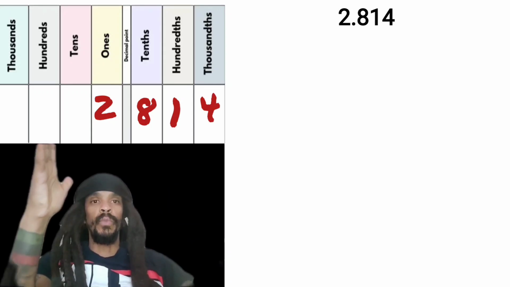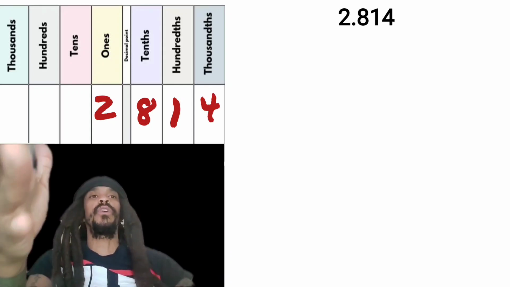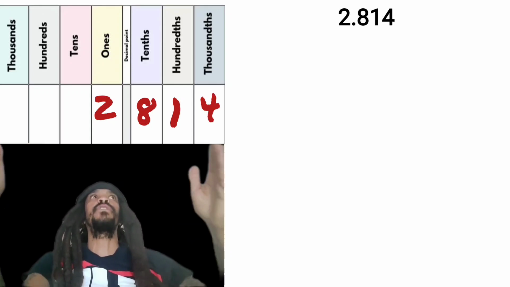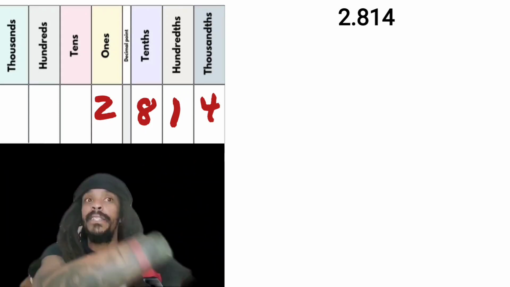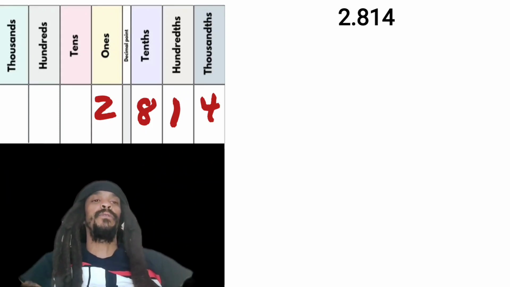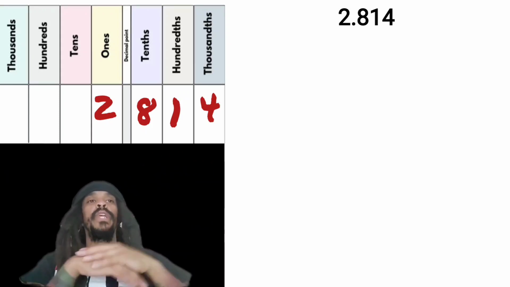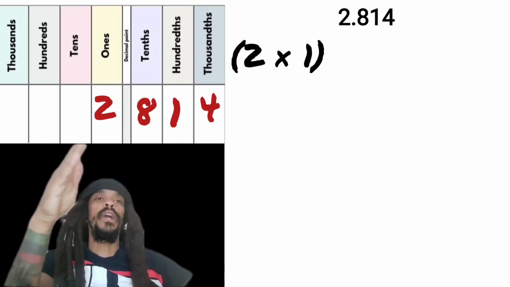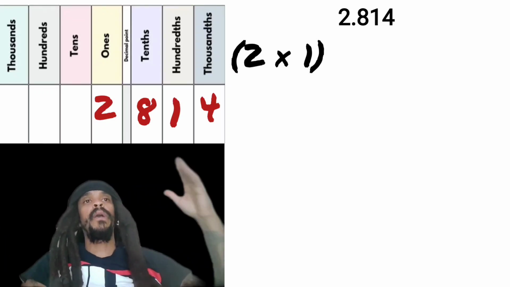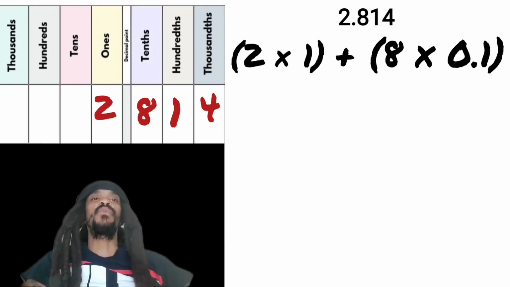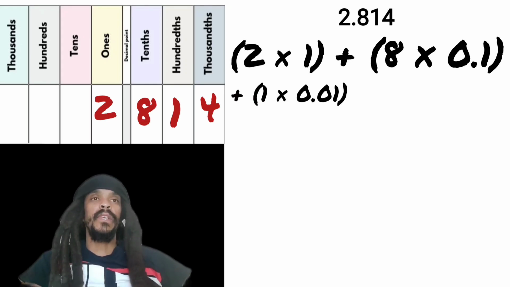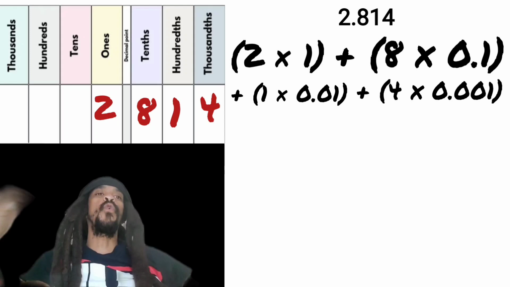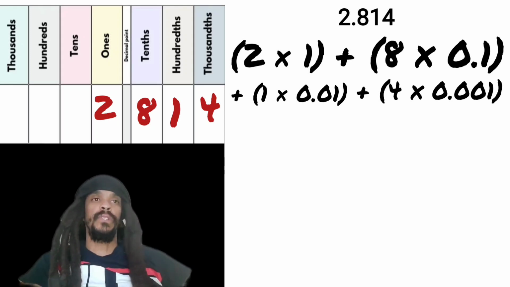And it's easy when we write all these things in the placement value chart, because now you can see, okay, all I have to do is multiply that digit by its placement value. So this time, we got our 2 times 1 in expanded form, plus 8 times 1/10 plus 1 times 1/100 plus 4 times 1/1000.